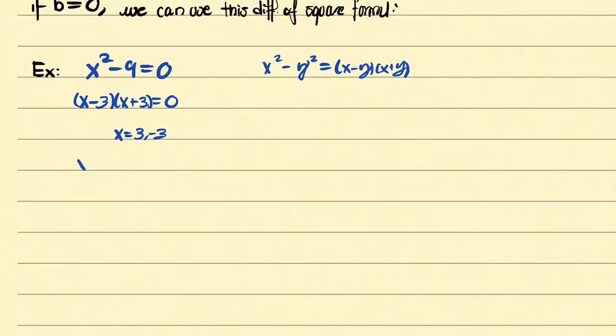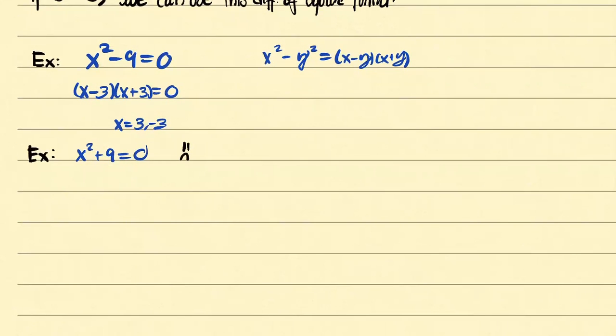Let's try this. Can I do anything with this equation? Is this a difference of squares? It's not a difference of squares. It's a sum of squares, and there is no formula for this to help us out.